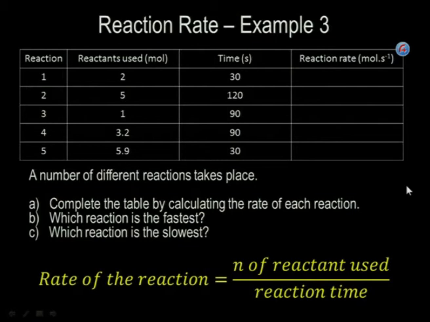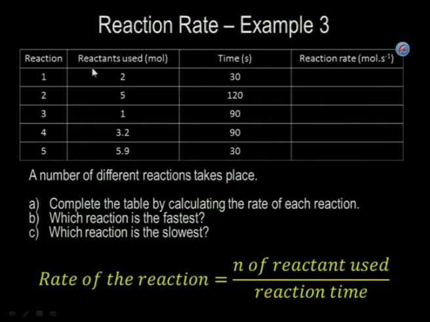Example 3. Here we have 5 different reactions taking place. 3A says, complete the table by calculating the rate of the reaction. The rate of the reaction is the mole of the reactant used divided by reaction time.